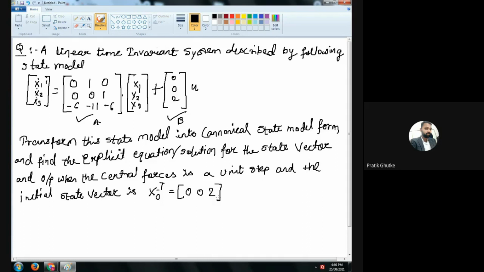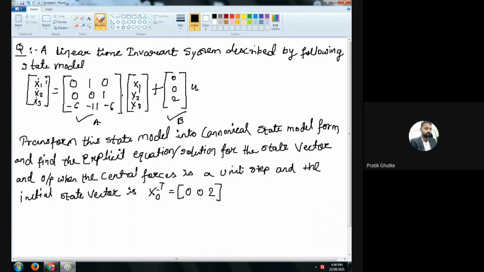Yes, all of you might have understood the question. A linear time invariant system is described by the following state model, x dot equals Ax plus Bu, where matrix A and matrix B are given.